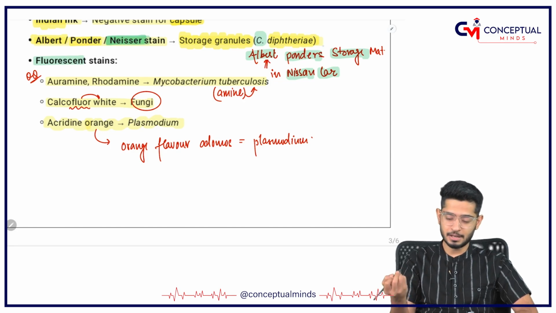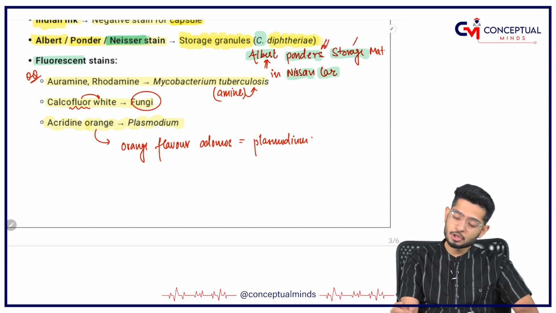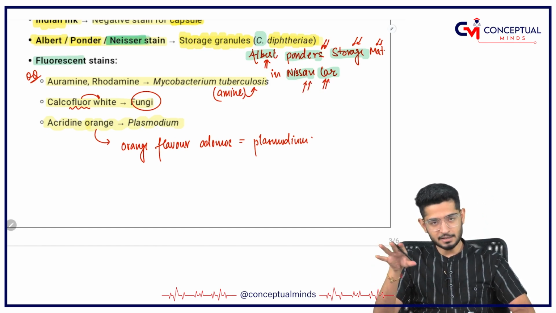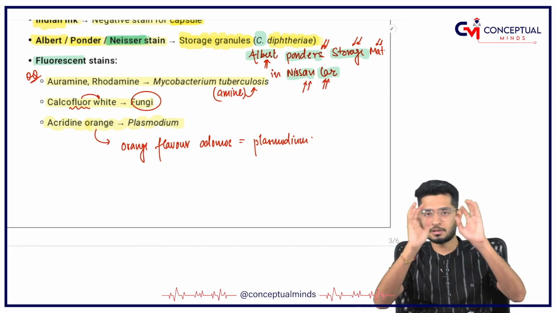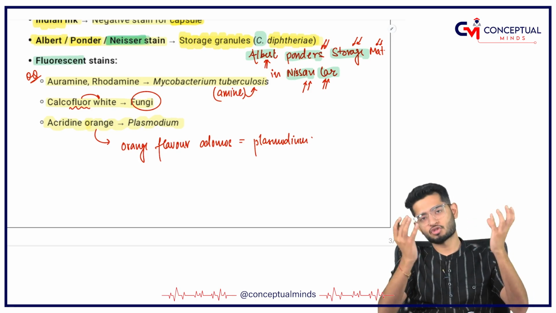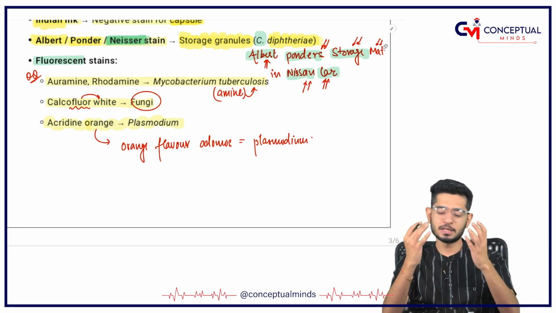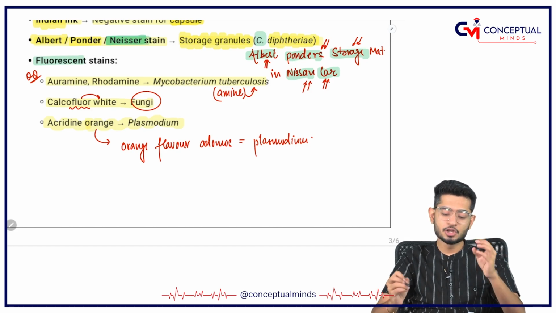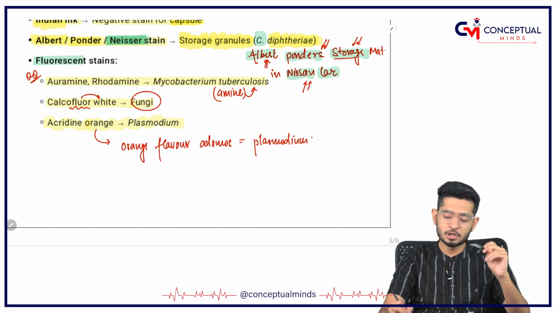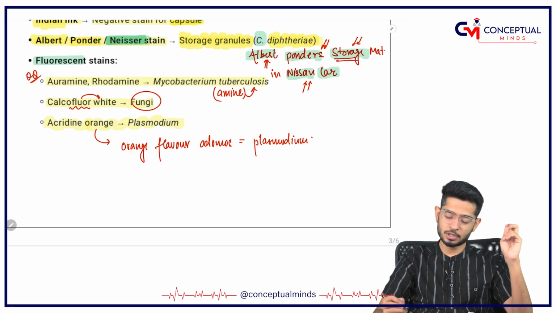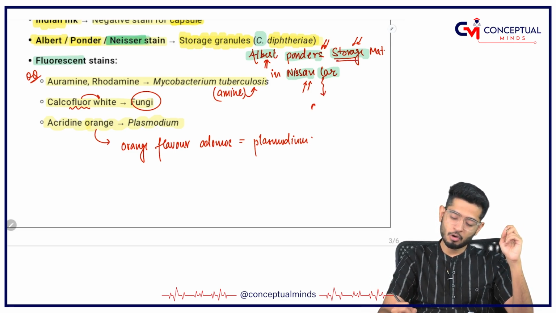Albert, my friend Albert, he ponders storage material in Nissan car. So we have a car, Nissan is a brand, Nissan car. So Albert, what does Albert do? Albert ponders, he keeps storage granules or the storage material where? In the Nissan car. So Albert, Ponder's and Neisser, these are the ones for the storage. For the storage, Nissan car, C for Corynebacterium diphtheriae.